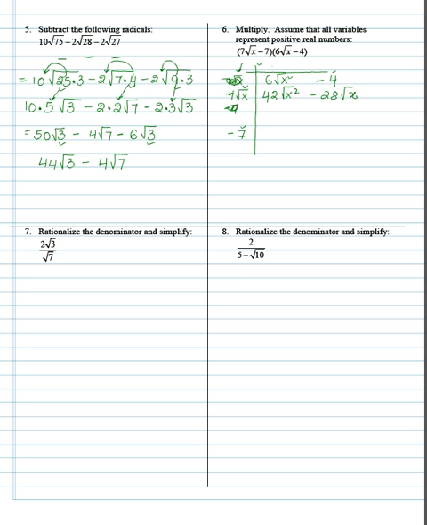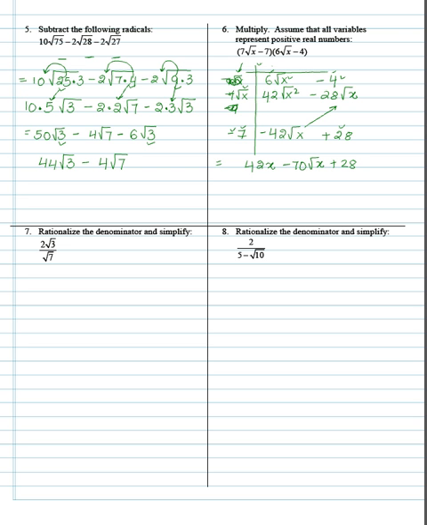Now negative 7 times 6 is negative 42 radical x. Negative 7 times negative 4 is positive 28. Now I see that I can combine these two. So negative 42 and negative 28 gives me negative 70 radical x. 42 square root of x squared is 42x. 28, I bring down the 28.